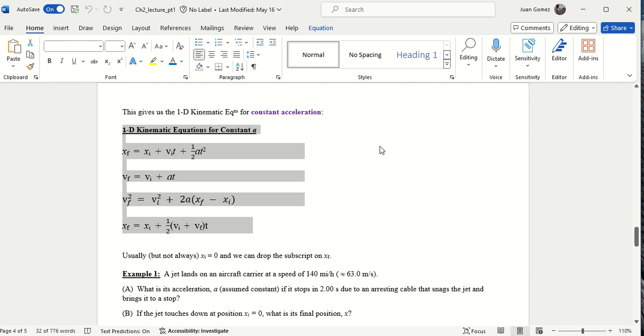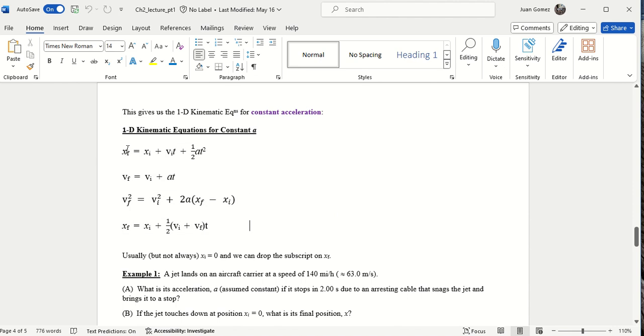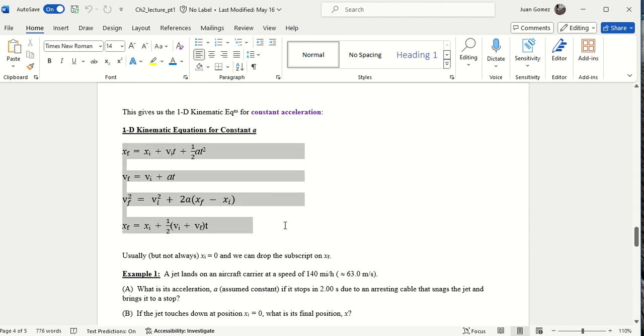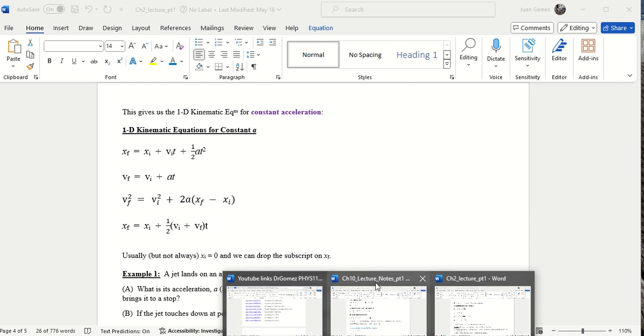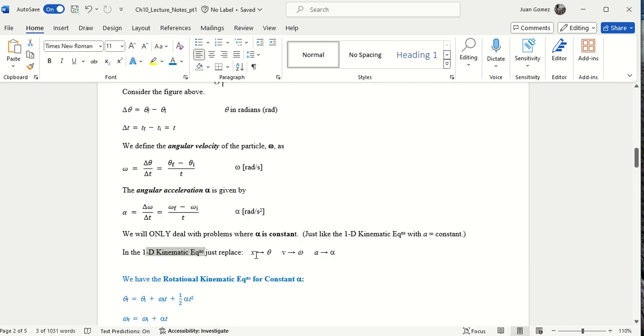Similarly, we can get the rotational kinematic equations for constant alpha. We don't want to reinvent the wheel. We want things to be as simple as possible. Just make the following substitution. Just replace x with theta, v with omega, and a with alpha.